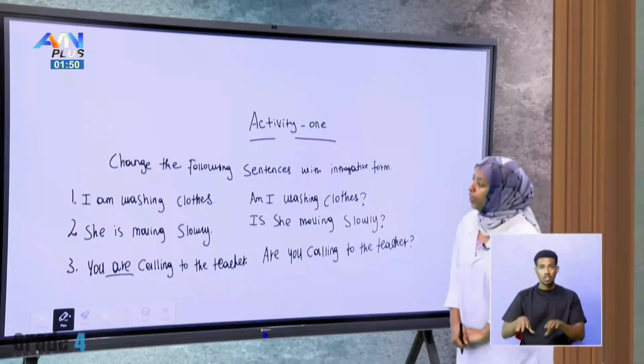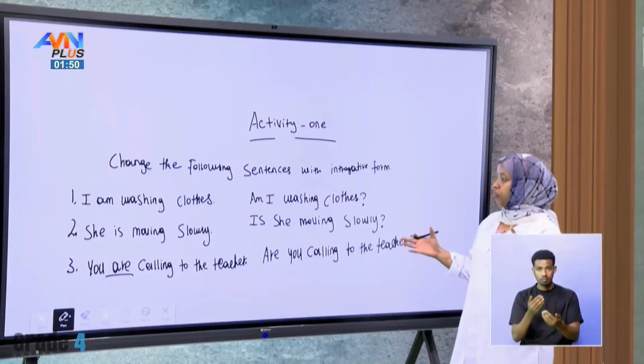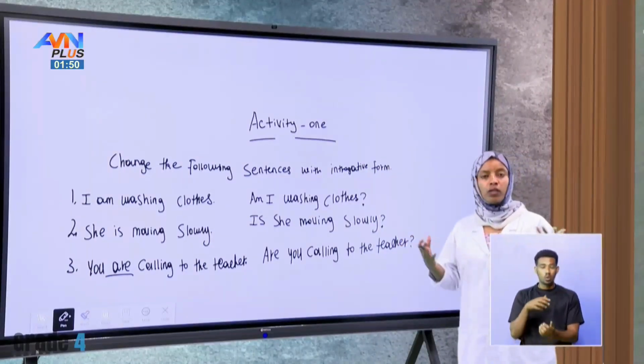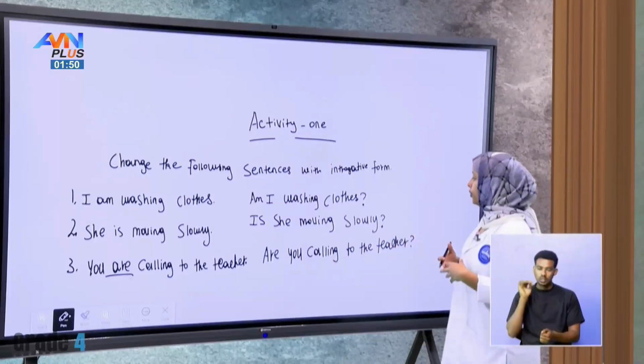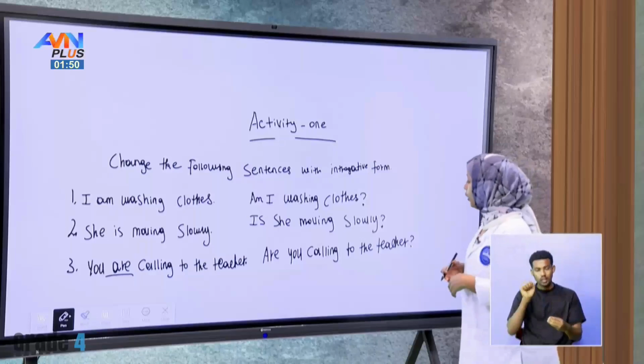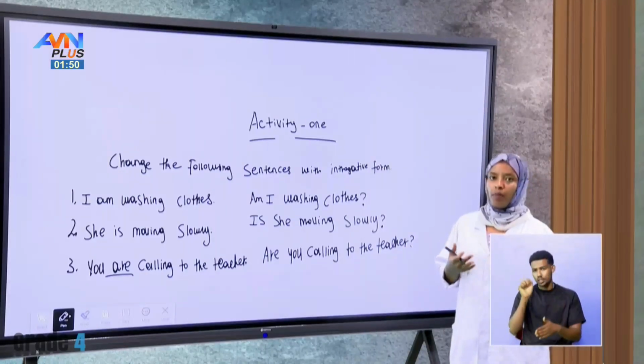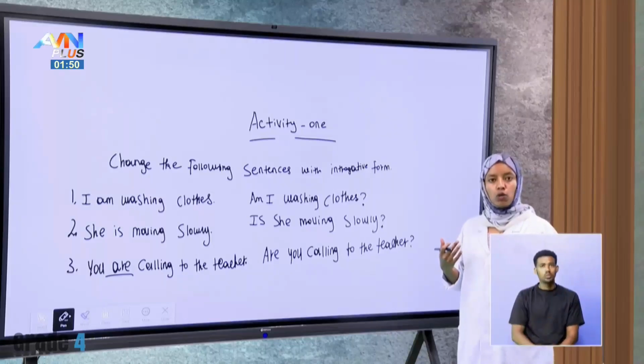Students, for example, you can answer easily: am I washing the clothes? Yes, I am. Is she moving slowly? Yes, she is. Are you calling the teacher? Yes, I am. Yes, you are also.